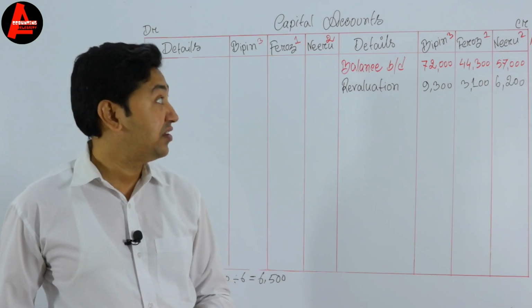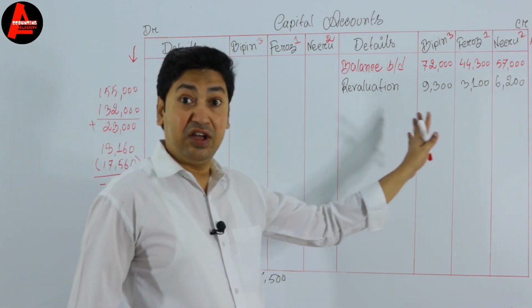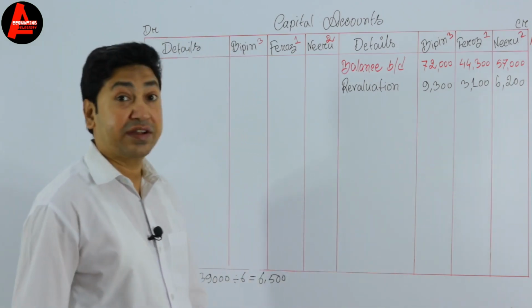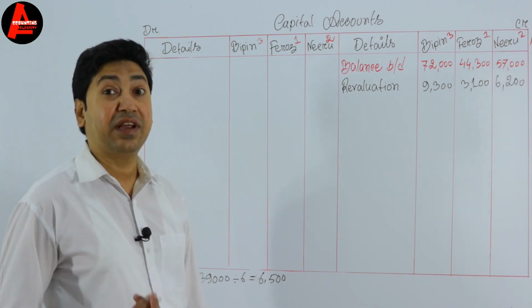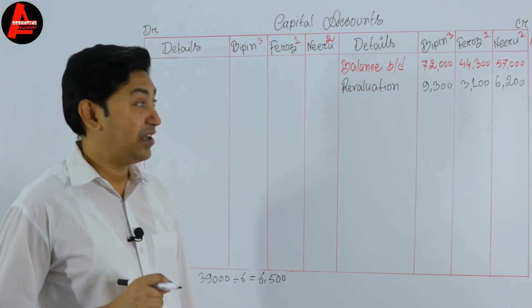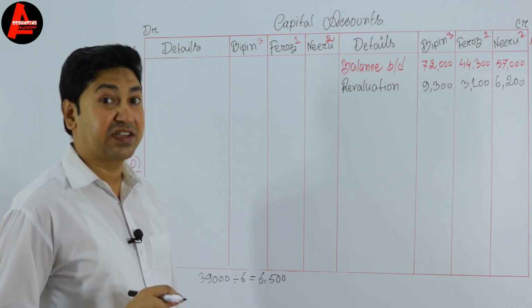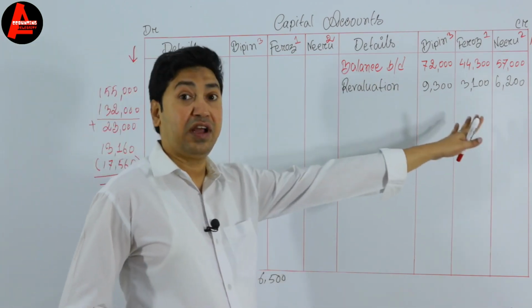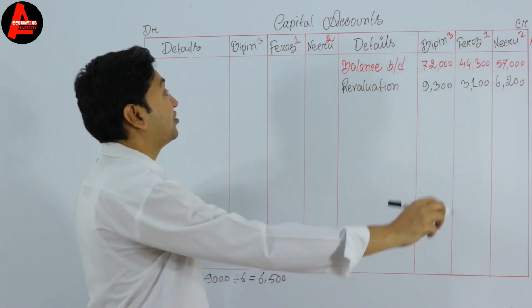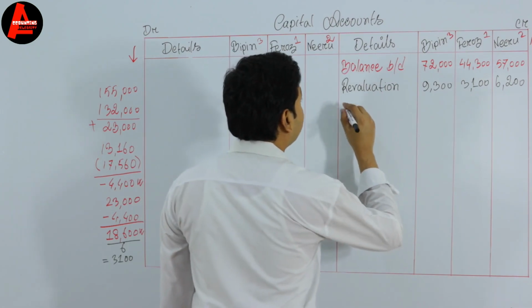So this is the reason it will come on the credit side. That means when capital increases, capital is credited. When capital is decreased, capital is debited. Here capital increased, so capital will be credited, so it will come on the credit side. So let us write here goodwill adjustment.